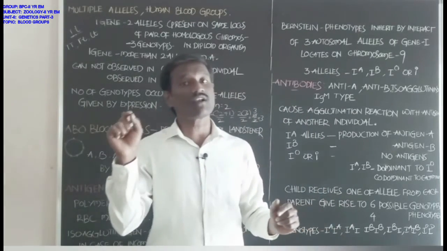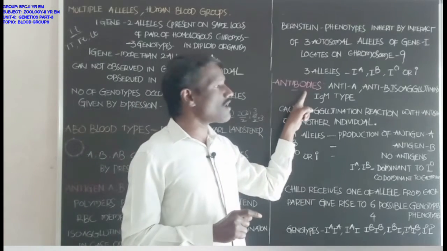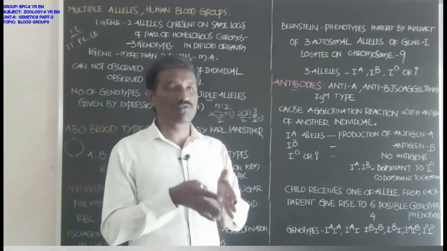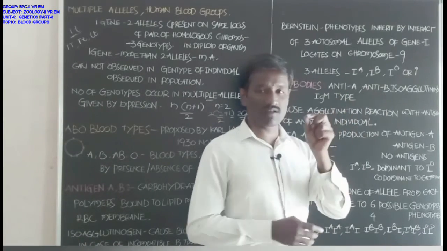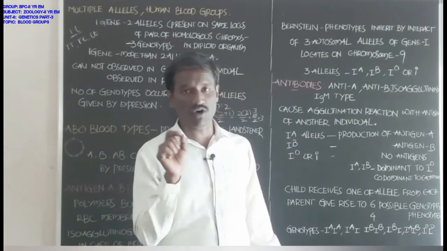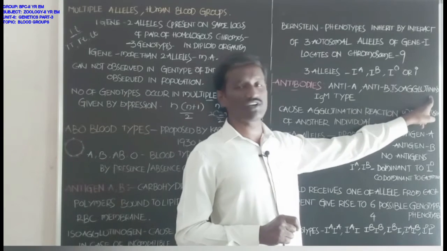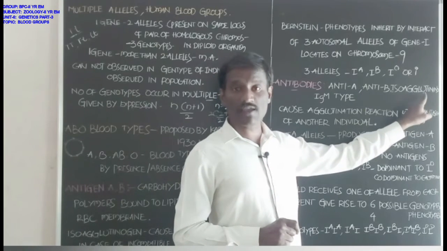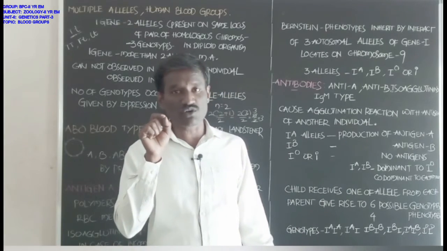Antigens are present on the plasma membrane of red blood cells. Antibodies are present in the plasma of blood. These are of two types: anti-A and anti-B antibodies. These are called isoagglutinins. Antigens are called isoagglutinogens.